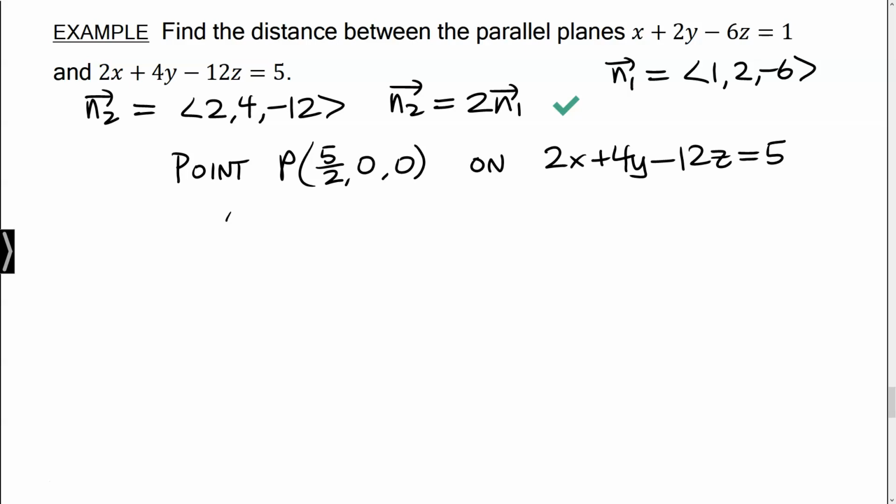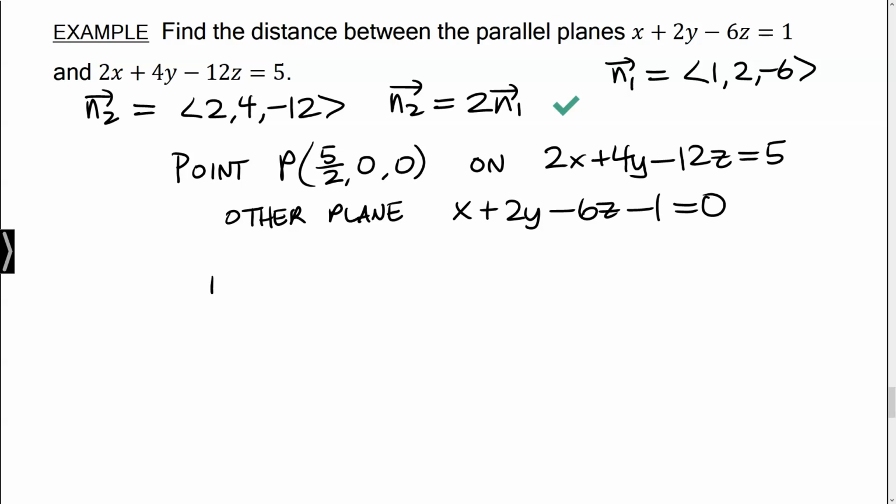And then the other plane, let's just remember that we need to subtract the 1, so it's x plus 2y minus 6z subtract 1 is equal to 0. And now this is all set up for me to plug and chug, so I go in absolute value. So I'm going to plug in 5 halves, 0, 0 into the left-hand side of the other plane.